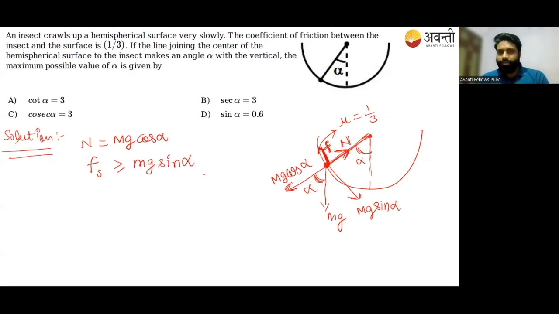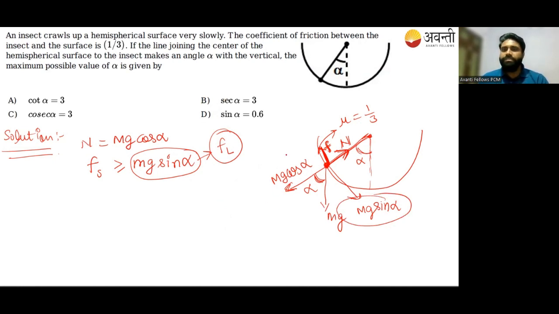Now, if alpha increases, this value will increase. So the maximum alpha can be the limiting one, because after the term reaches the limiting friction, if you increase alpha, the insect would not crawl, because mg sin alpha would be enough to pull the insect downward.